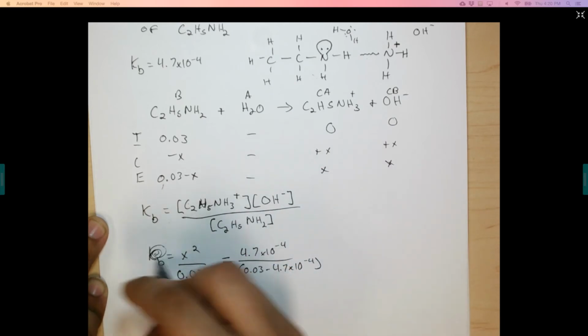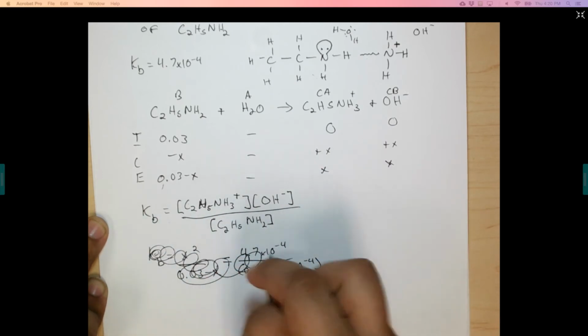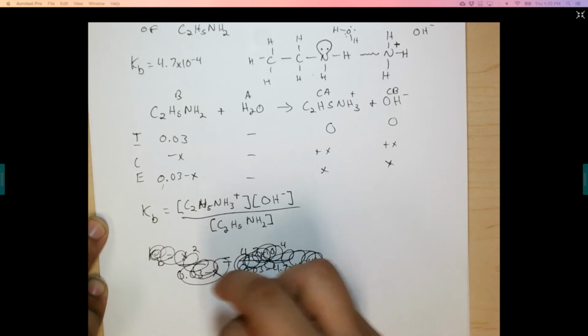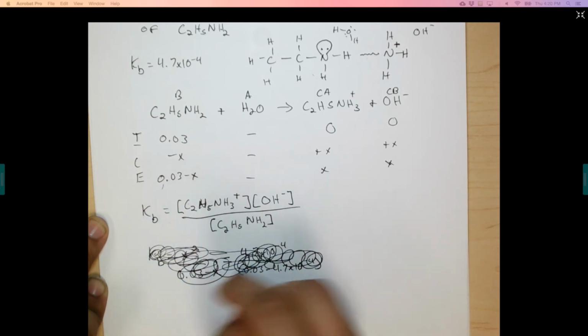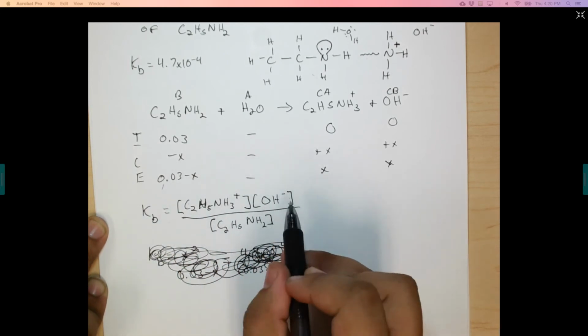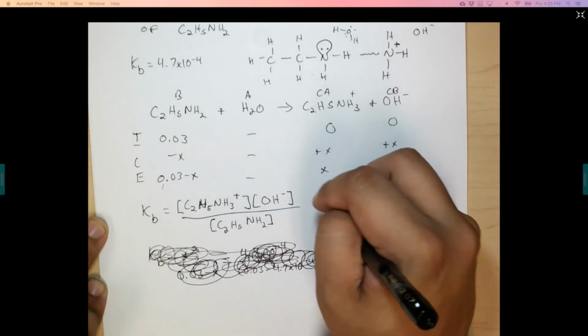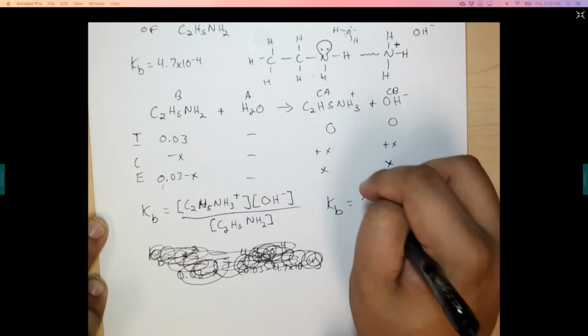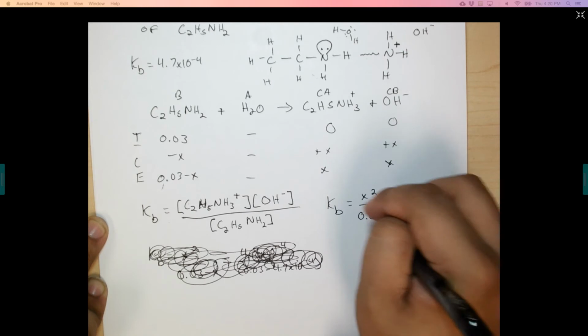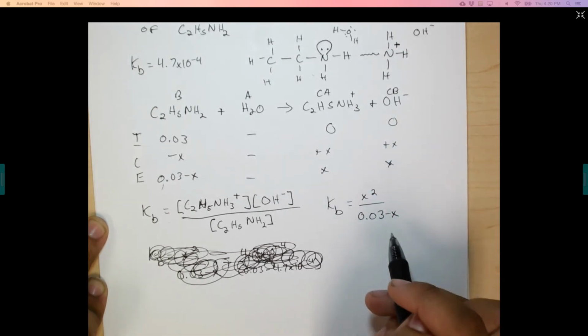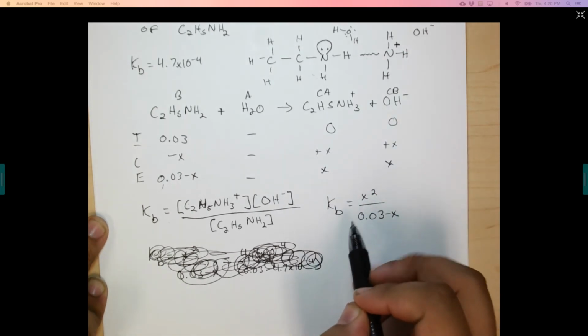Excuse me, we cannot drop x. Let's not plug that in. We have to solve for x. I apologize, I was using the incorrect information. So from here, we do need to make Kb equal to x squared over 0.03 minus x. But instead of dropping x, we need to use the quadratic in this case.